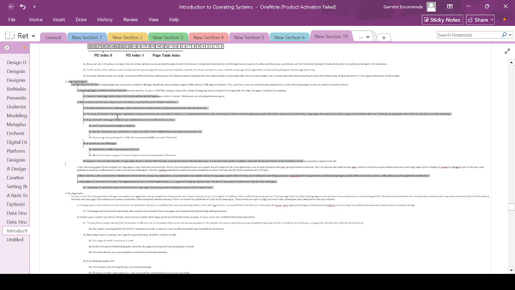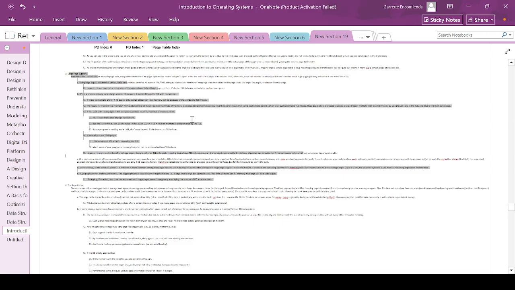If those translations are for 4 kilobyte pages, only a small amount of total memory can be accessed without inducing TLB misses. The result for modern big memory workloads running on machines with many gigabytes of memory is a noticeable performance cost. Recent research shows that some applications spend 10% of their cycles servicing TLB misses.